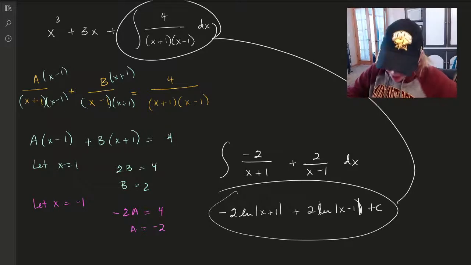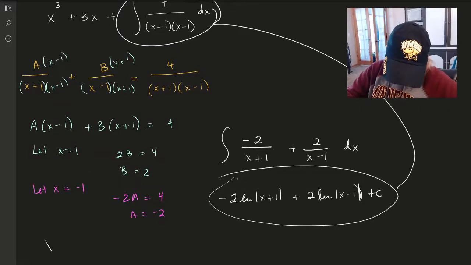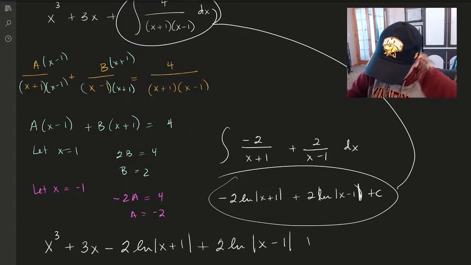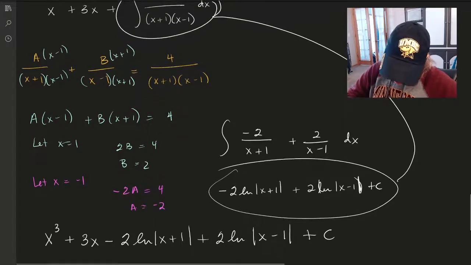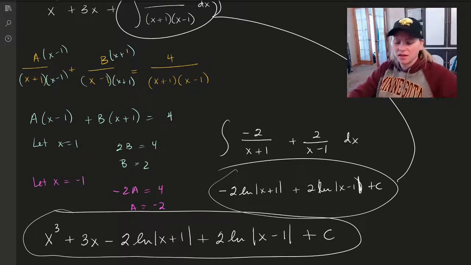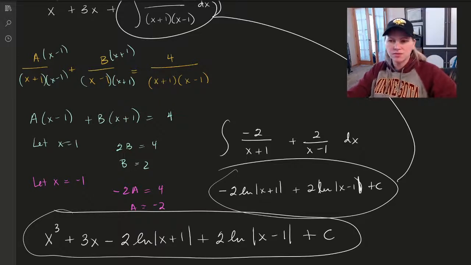So now my final answer is this: x cubed plus 3x minus 2 ln of absolute value x plus 1 plus 2 ln of absolute value x minus 1 plus C. And of course, there are some things that I could do with this in terms of combining my natural logs, but I'm just going to leave it like that and call it a winner, because sometimes that's just what you've got to do.